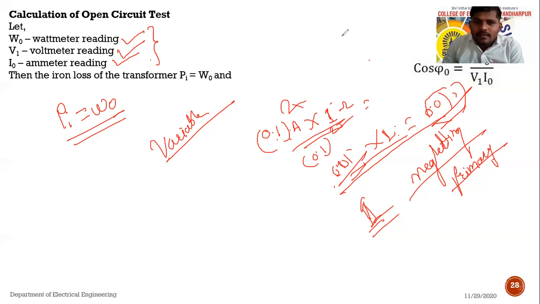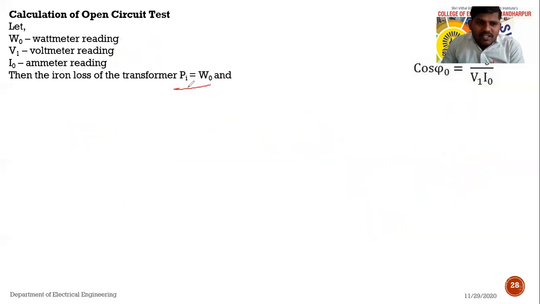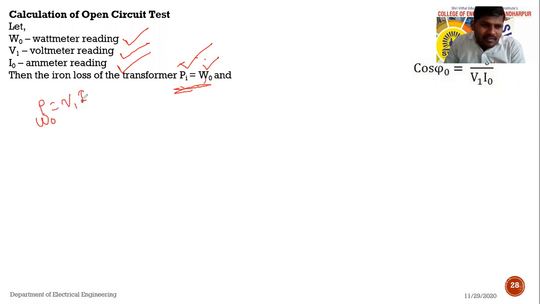Now, if we know this value, that means we got the no load losses. You have the value of input power, you have the value of V1, you have the value of I0. We know the power formula, W0, or P equals V I cos phi, right?